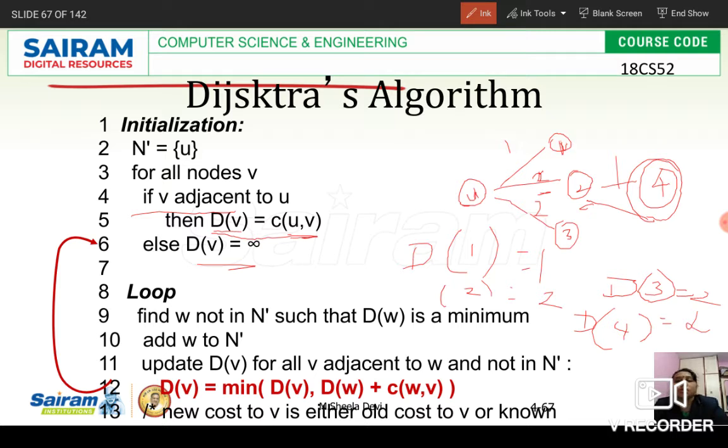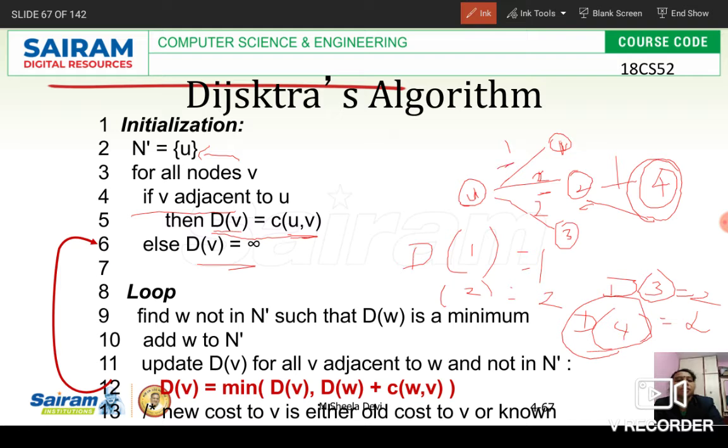Next. So if we don't know the cost of d of 4, what do we have to do? We have to enter into the loop. Find w which is not in N dash. Find some intermediate node which is not in N dash such that d of w is minimum. Okay, we have to find one of the intermediate nodes to reach 4. Whichever is minimum.